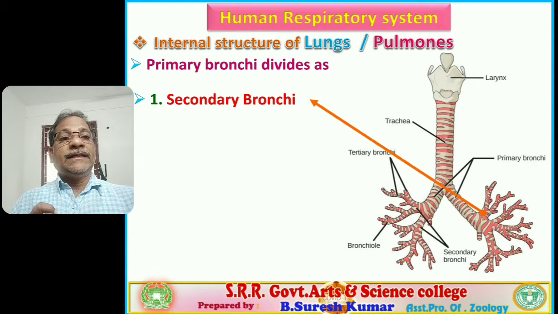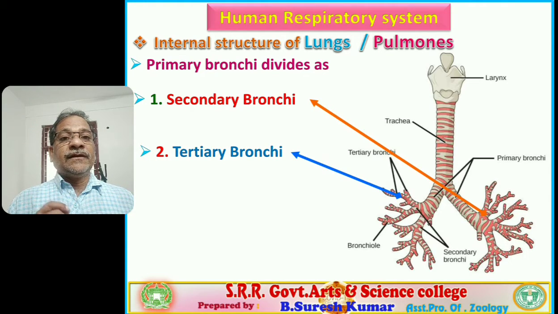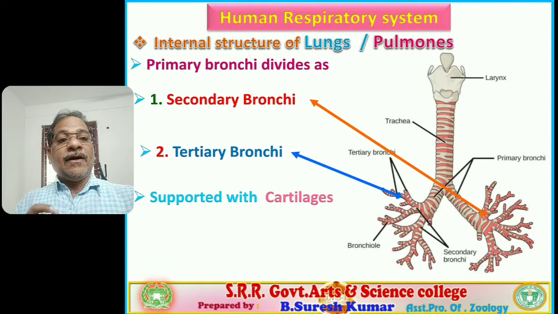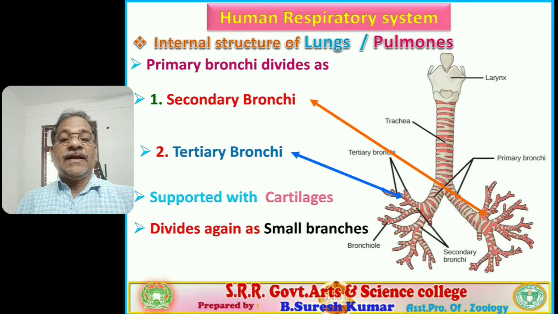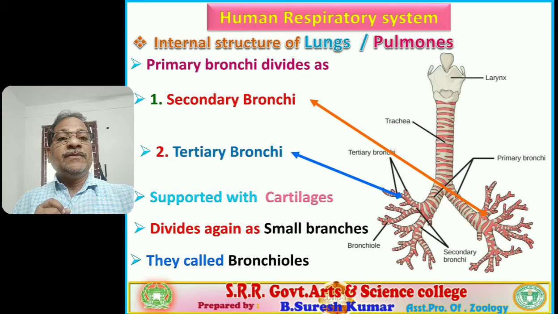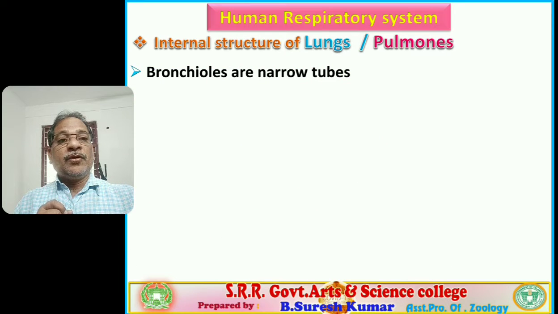Then they divide as tertiary bronchi. Followed. So it is the third level branch. Right. Next, all these bronchi are supported with C-shaped cartilages, and the tertiary bronchi again divide into minute, narrow, small branches. These branches are called bronchioles.